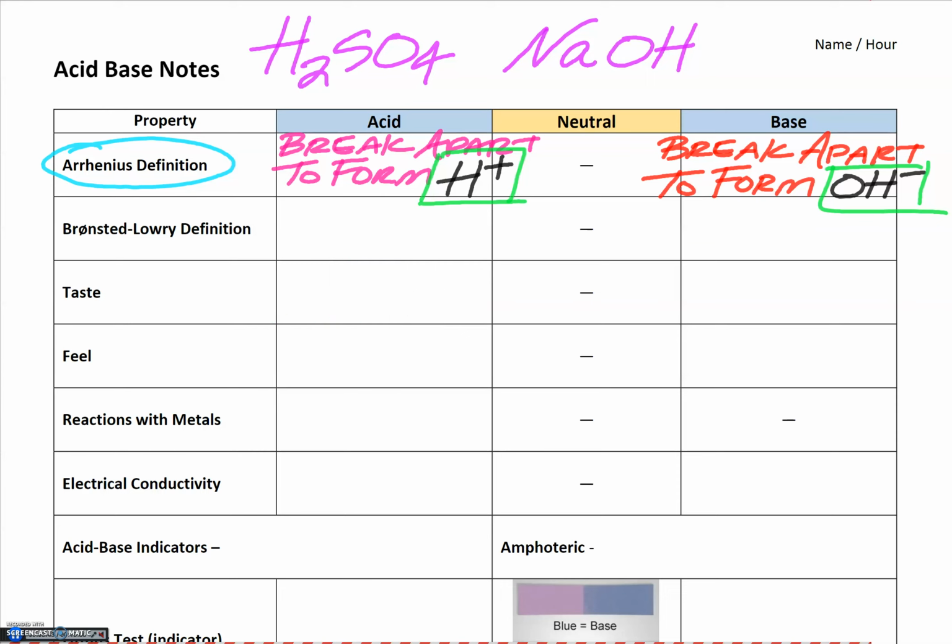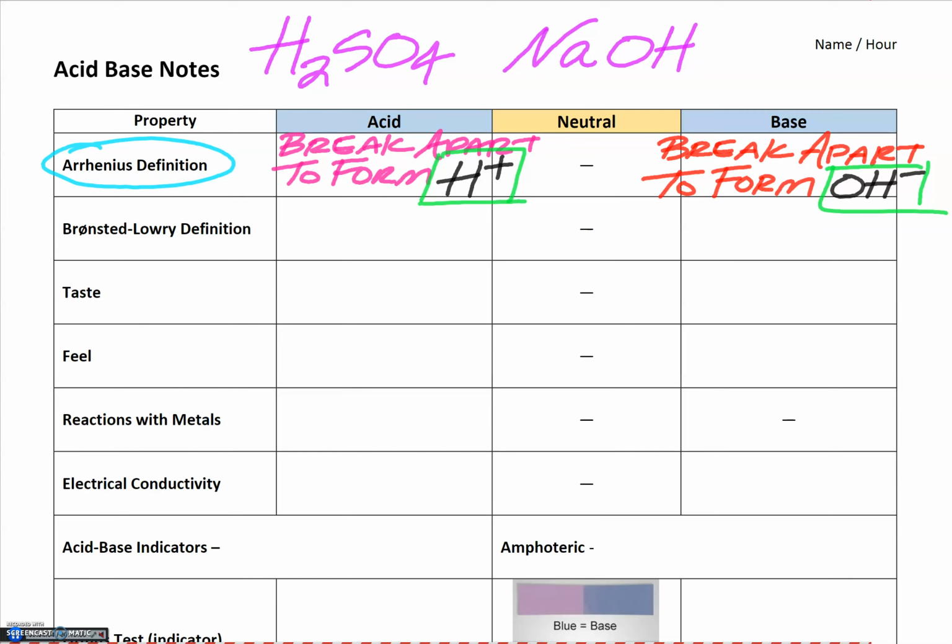Okay, I don't think the Bronsted-Lowry definition is going to come up a lot in our class because we're not going to have a lot of time to get into some of the specifics. But what it says is that the hydrogens are basically the thing we're talking about. The acids are going to give away hydrogens, and the bases are going to accept them.